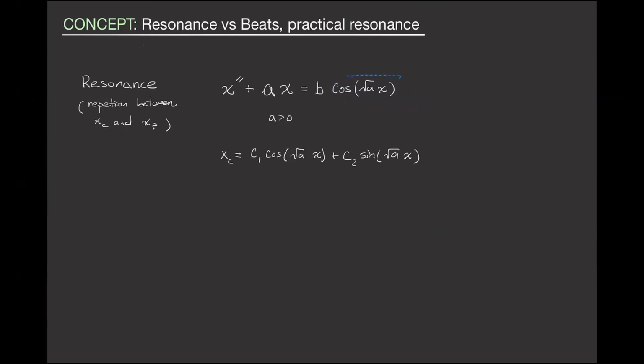Now, the way I've set this up, it's hopefully clear that we do have repetition. If that's the case, then you can imagine what the particular candidate is going to be. Because we have this appearing in some sense twice, then we would say that the x sub p, the particular candidate, is going to be cosine of square root a times x times, let's say, a naught plus a sub 1.